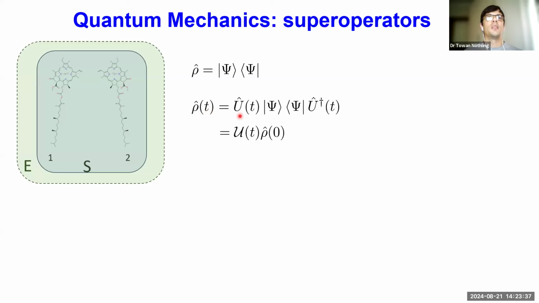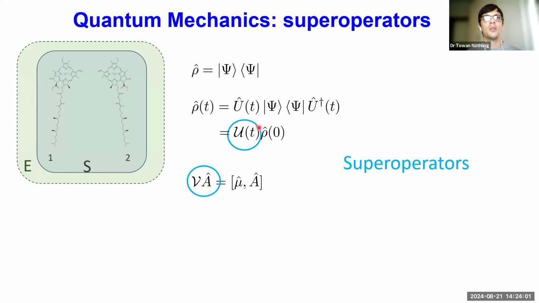Okay, then the last thing, in order to evolve the density matrix in time, we have to evolve from both sides. So we have to evolve the ket as well as the bra. So this is the way in which we evolve a density matrix. We can denote this in shorthand notation using this script U. And this script U is called a super operator, which sounds really fancy.